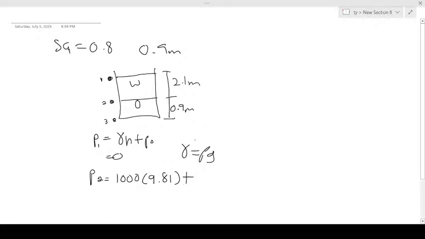your P naught. This is gamma H, so you have to multiply by the distance through which it is acting, which is 2.1 meters, plus your external pressure.